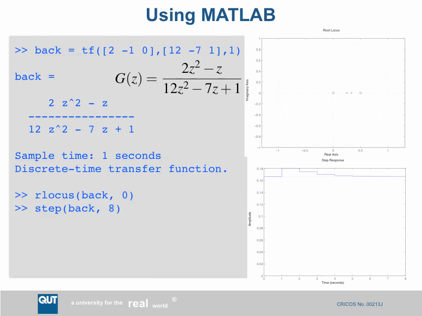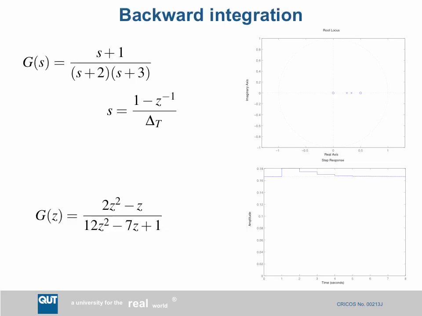And so we can see that it's jumped up, it's a little bit of overshoot, and then it's sunk down. So I put in a unit step, and what came out was a step of about 0.16 and a bit. So the step has been attenuated. The gain is clearly not equal to 1. It's got a little bit of overshoot. So once I get the transfer function to MATLAB, I can do useful things like plot the poles and zeros, look at the step response.